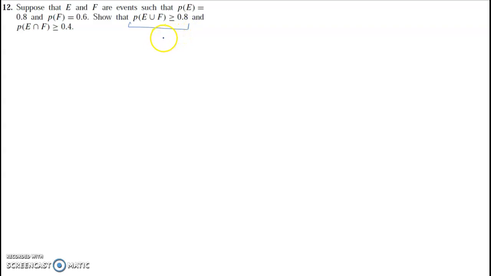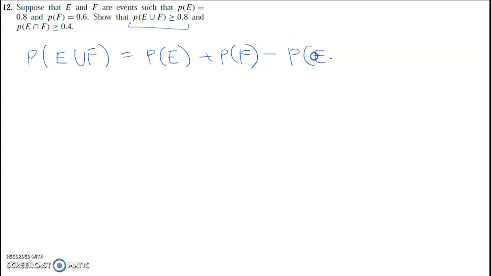According to the principle of inclusion and exclusion, the probability of E union F is probability of E plus probability of F minus probability of E and F.